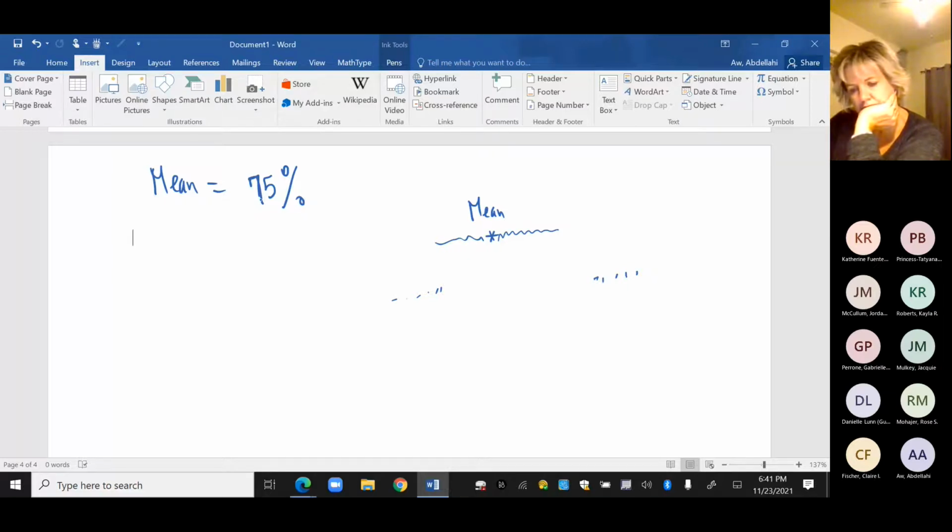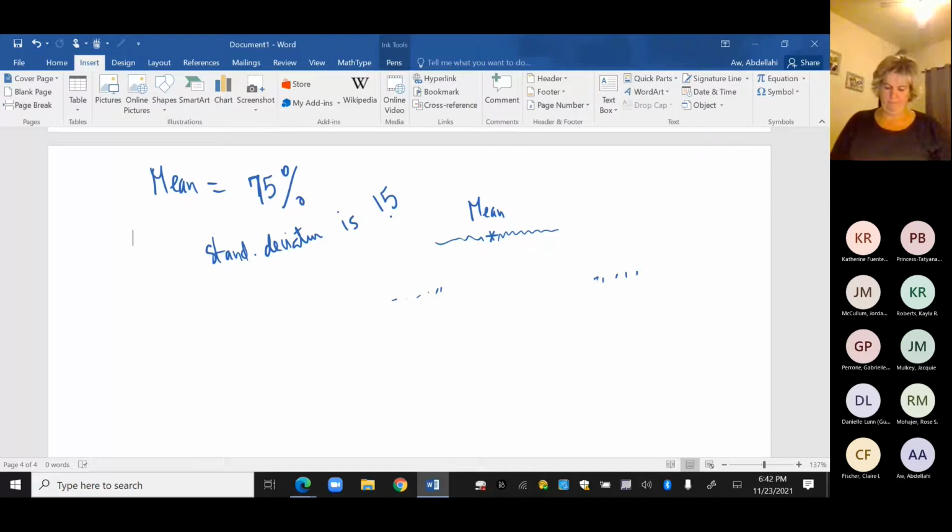But now if I say the standard deviation is 15, what does that mean? It means 75 plus 15, which is 90%, up to 90% was recorded during this test, or also down to 75 minus 15, which is 60%.